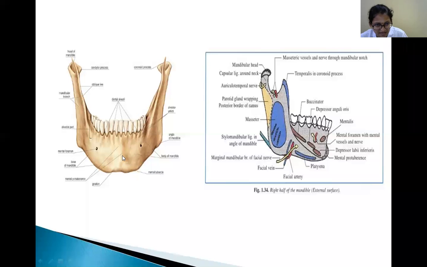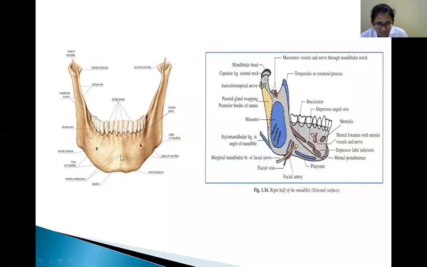It is a faint ridge called the symphysis menti. The symphysis menti is a faint ridge lying in the upper part of the midline. Here, both halves of the body of the mandible fuse together in the midline.